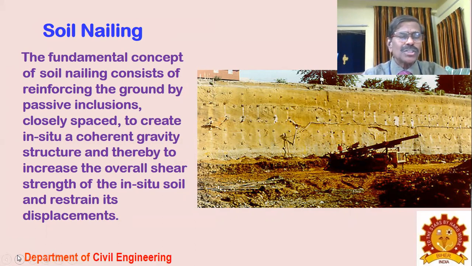The fundamental concept of soil nailing consists of reinforcing the ground by passive inclusions closely spaced, to create in situ a coherent gravity structure and thereby increase the overall shear strength of the in situ soil and restrain its displacements. That you call soil nailing.